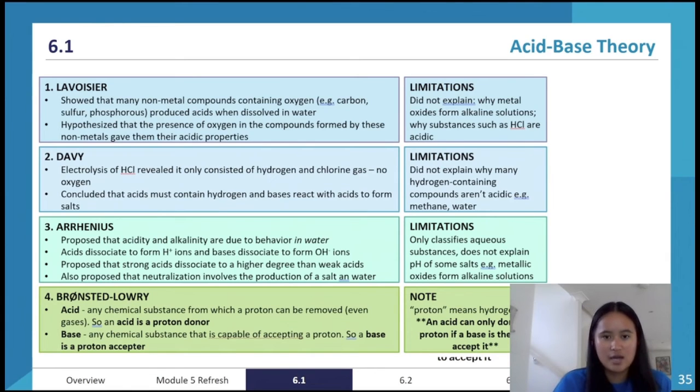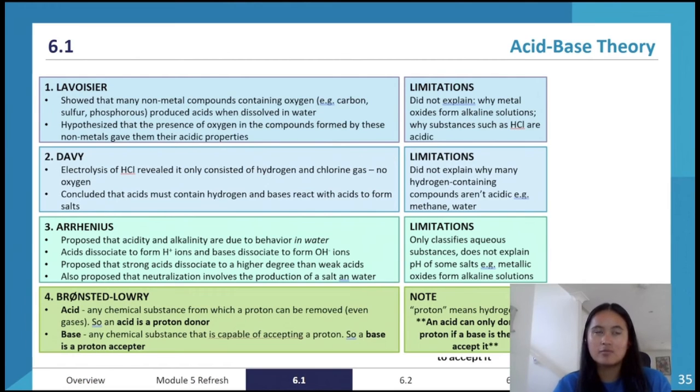And he said that acids dissociate to form hydrogen ions, bases dissociate to form hydroxide ions, and then they can react to form water and a salt. He also proposed that strong acids dissociate to a higher degree than weak acids. This is so correct. That's exactly what determines the strength of an acid: it's the degree of dissociation. So right on there, Arrhenius was probably the closest.